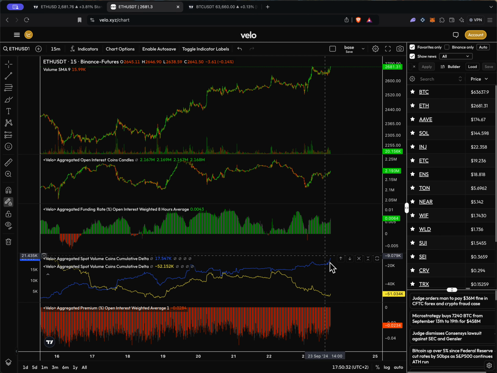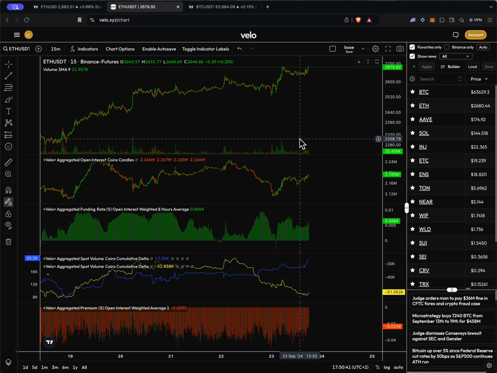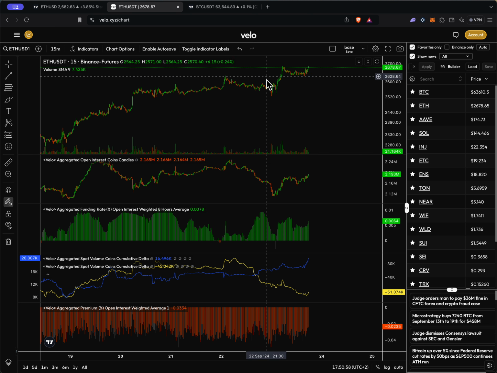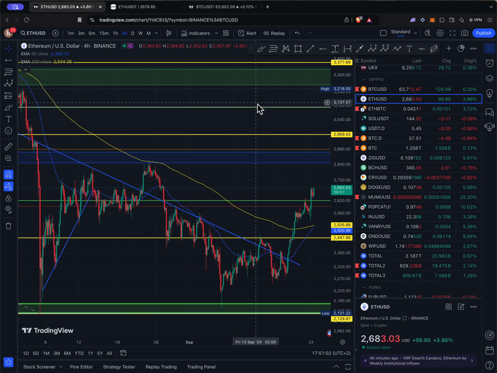This means that on the market more coins get bought than sold, and when the price is driven by spot accumulation, spot buying, it's always a good sign. The perfect scenario would be this going up while funding is negative, meaning perps shorting. This would be the perfect scenario for a very strong continuation up. And so let's go to just price action now.